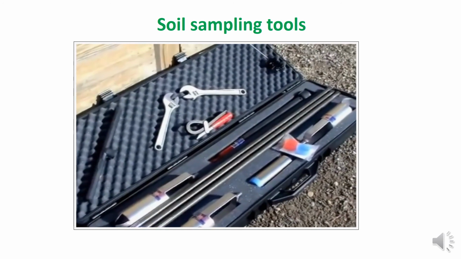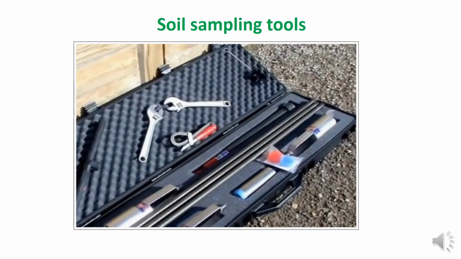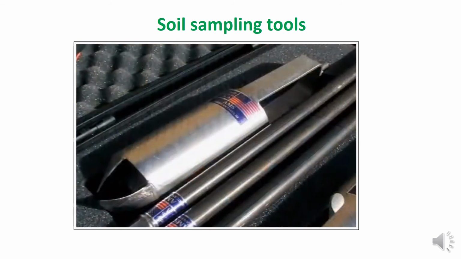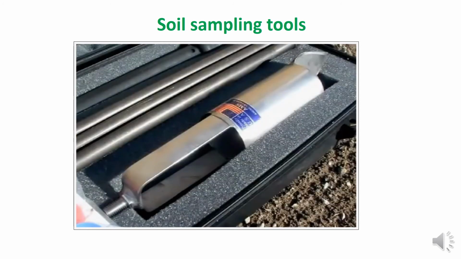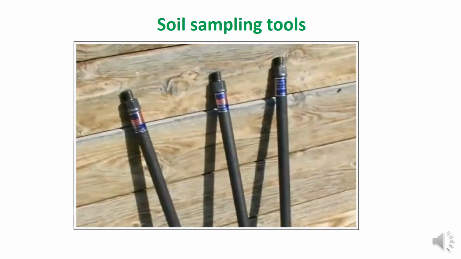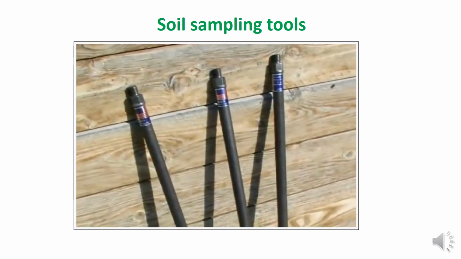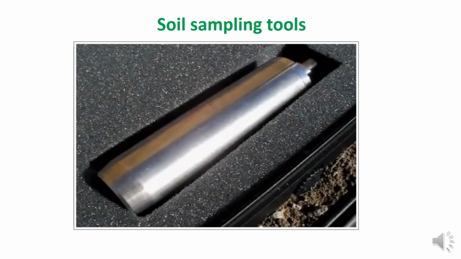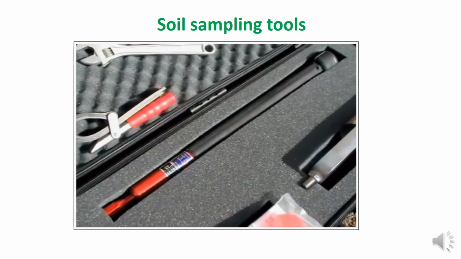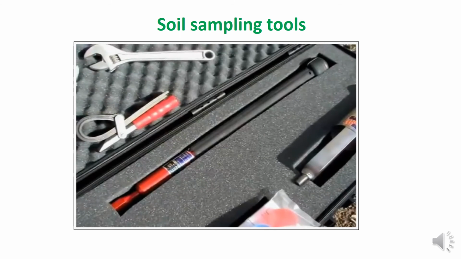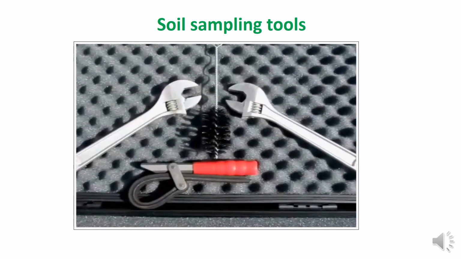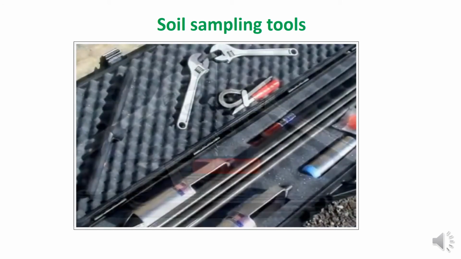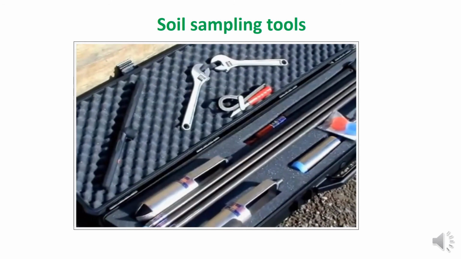Now a video demonstration about the tools we have in our lab. There are different tools which can be used, which I already mentioned. These kits are available with different sampling tools. This one is the soil auger, a very important tool for soil sample collection. Different handles can be attached to the augers to reduce or increase their height.